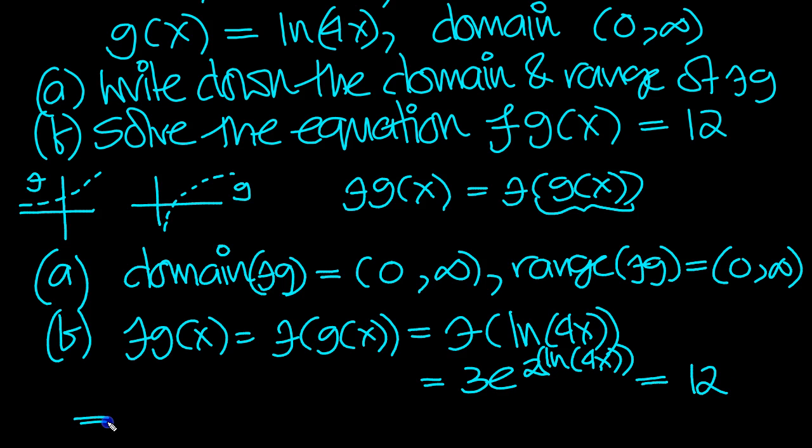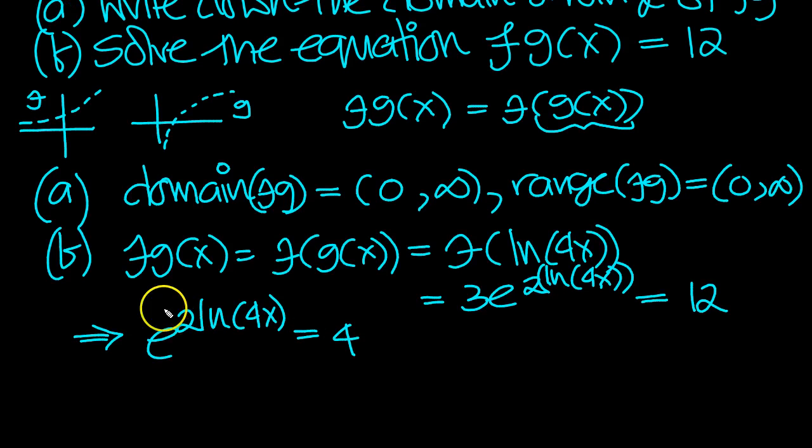So let's try and tidy this up. The bracket can be removed, it's just 2 lots of ln 4x, is equal to, moving the 3 from times down to divide, 4. Now to unwrap the log, I'd like to get rid of this 2. To get rid of the 2, we'll move it to a power.